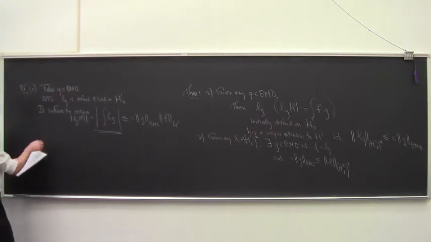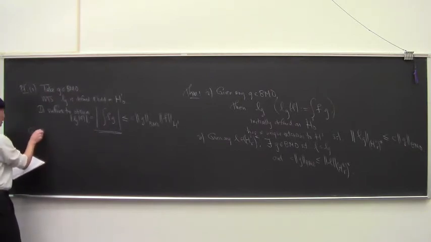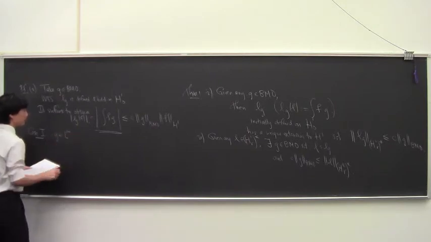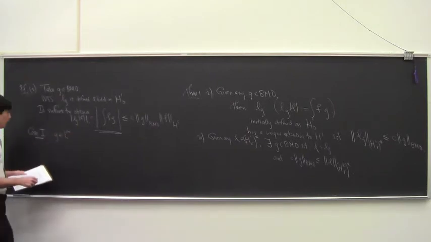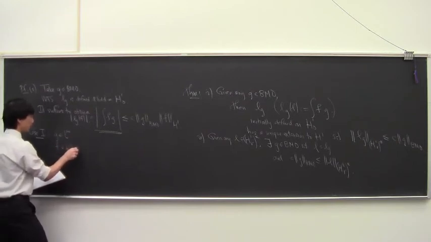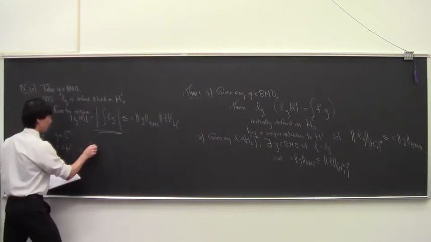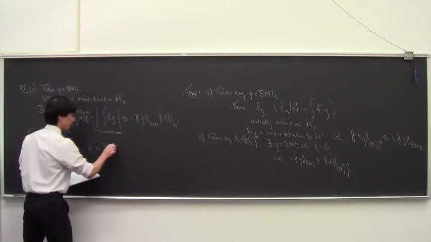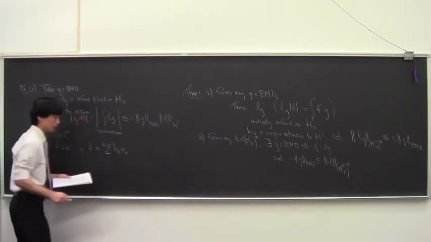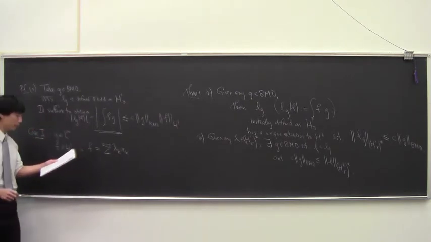We'll do it in steps. Case one: let's assume that G is in L infinity. F is in H1, so F has an atomic decomposition. That's going to be our big tool, or actually our definition.